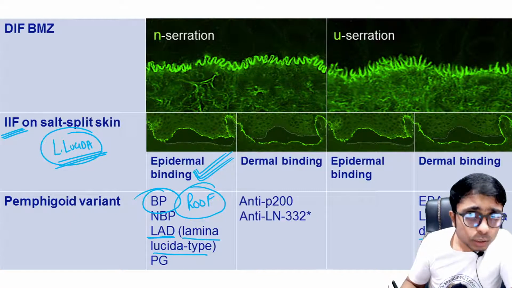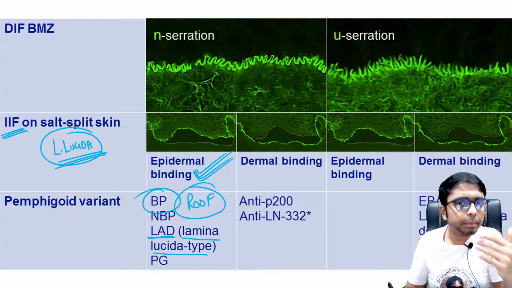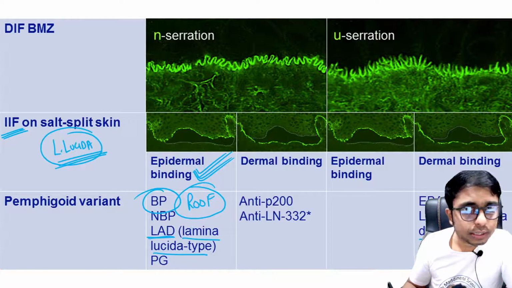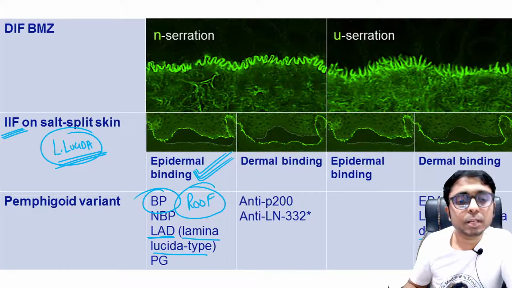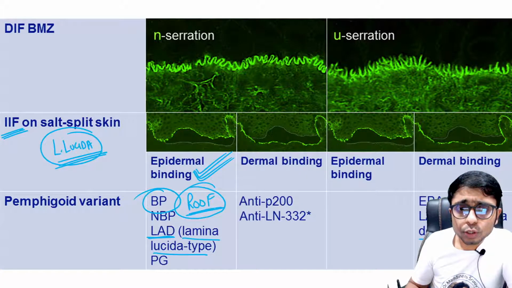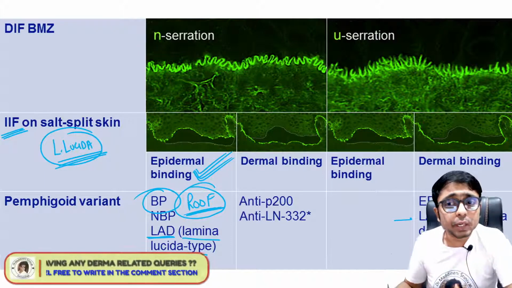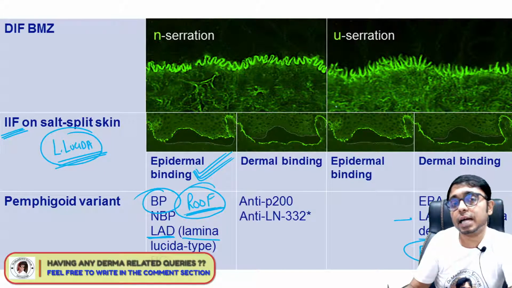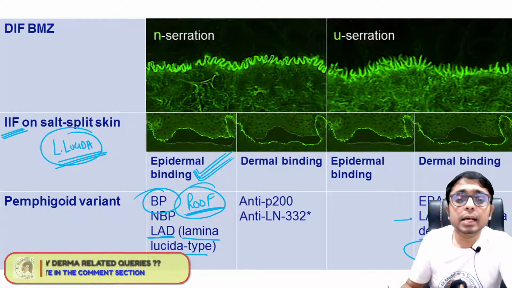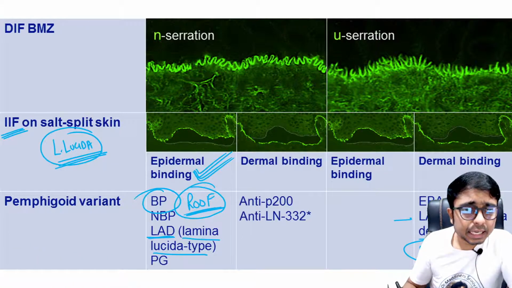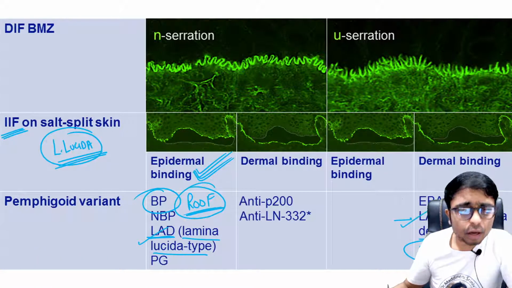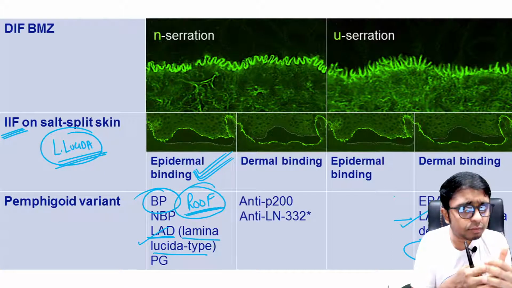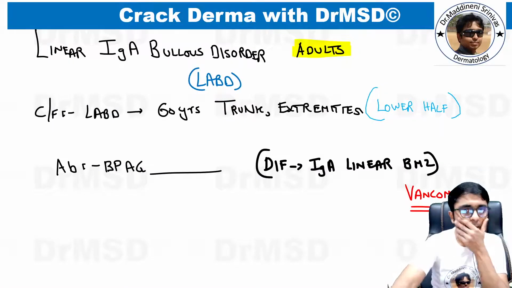So in the lamina lucida type, where mainly the BPAG2 autoantibodies are produced, the roof is going to show the fluorescence, whereas in the case of sublamina densa type, we are going to see fluorescence precisely on the floor of this salt split skin. Okay, so with this you can see that linear IgA bullous dermatosis can be of these two types. Okay, I hope you have understood this.